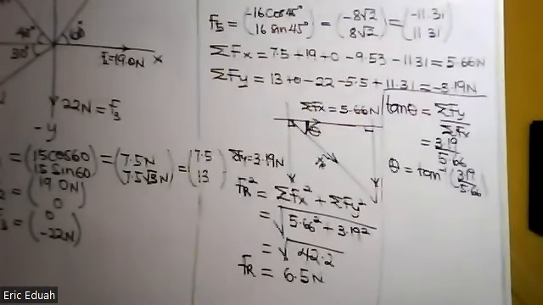So what did you get for the angle? 3.19 divided by 5.66. There it is. So shift tan inverse of my answer gives me, it's giving me a weird value. 3.19 divided by 5.66.